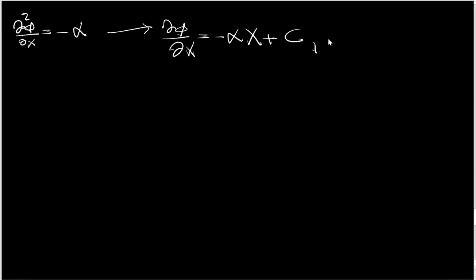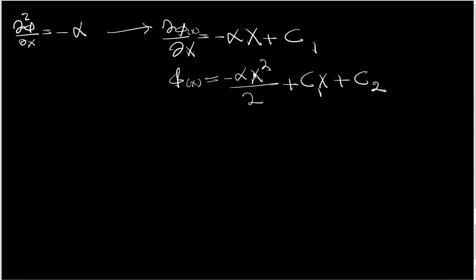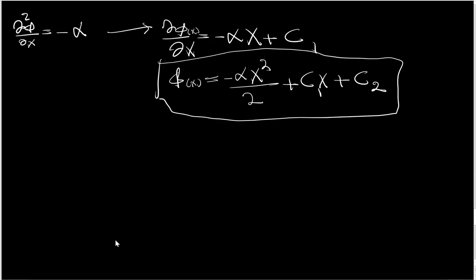And if I integrate again, I can write phi, which is a function of x, as negative alpha x squared over 2 plus c1 x plus c2. So this is the analytical solution of this problem, the 1D steady state problem for that stream lake example problem.